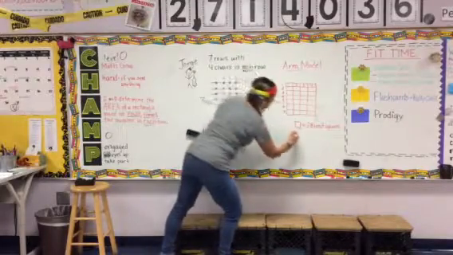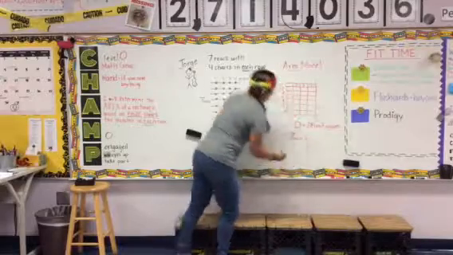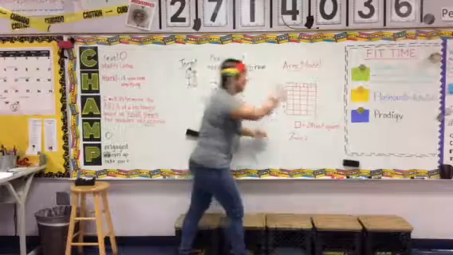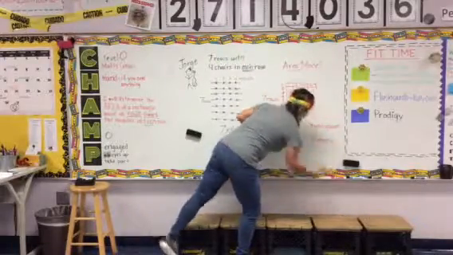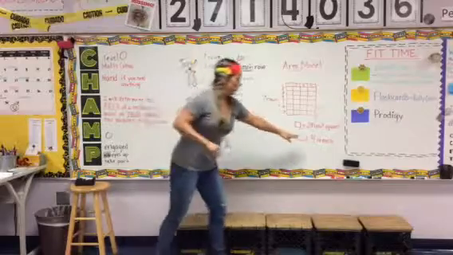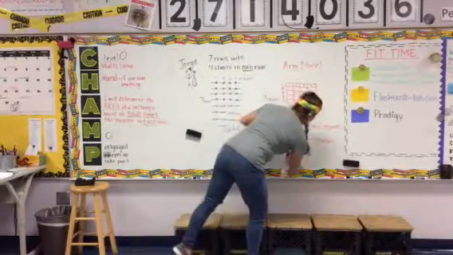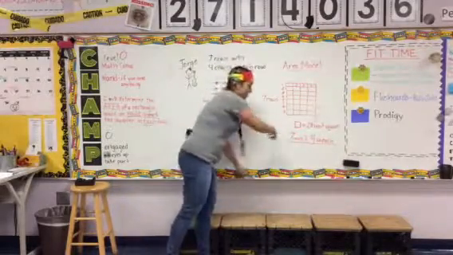So 7 rows times 1, 2, 3, 4 in each row. Okay, so on your paper, and I'm going to go grab that in a minute, that's what I'm looking for. I want you to write that out every time.